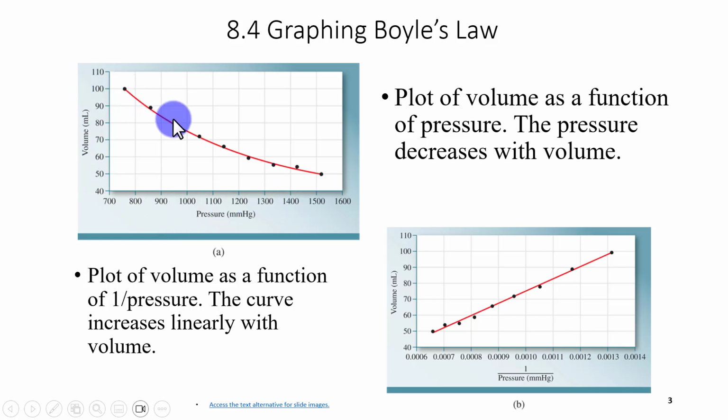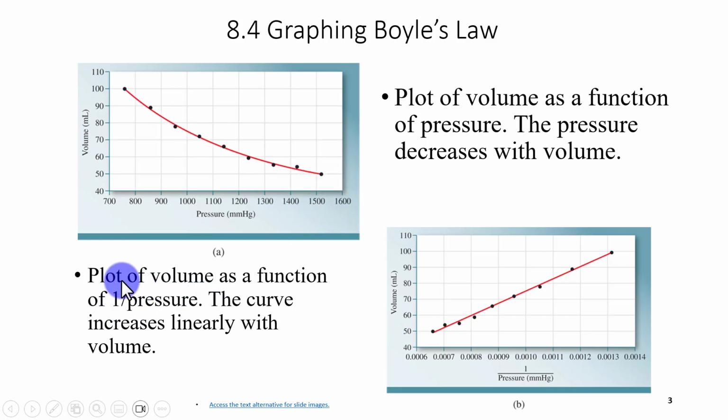If the volume is increasing, here I have a high volume but very low pressure. And here, my volume decreases quite a bit, while my pressure now increases. So you can see how it's a downward curve because they are inversely related to each other.